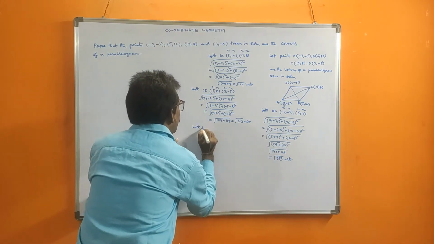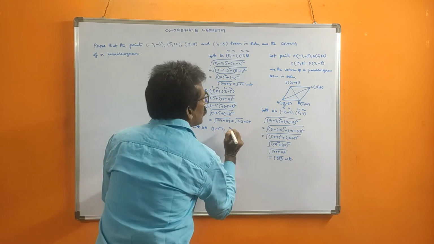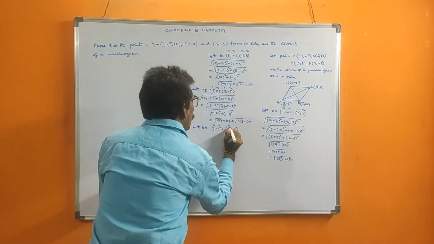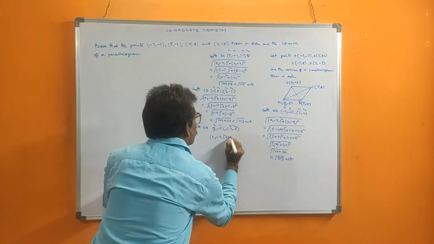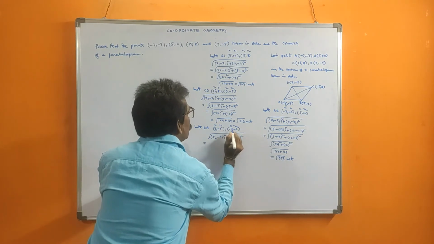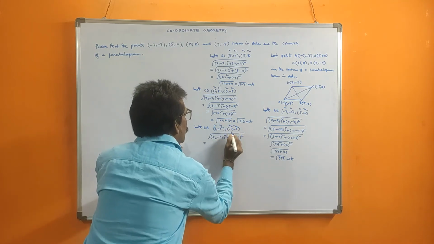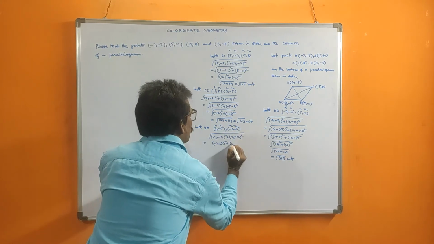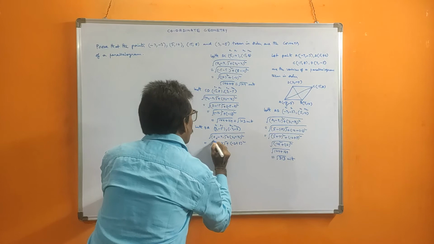Next one, length DA or AD. Write the points: D point is (3, minus 5), A point is (minus 7, minus 3). So this is x1, y1, x2, y2. Now the square root of (x2 minus x1) whole square plus (y2 minus y1) whole square. x2 is minus 7 minus x1 is 3, whole square, plus y2 is minus 3 minus of minus plus 5, whole square, right, like that.